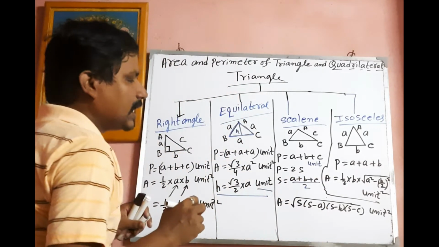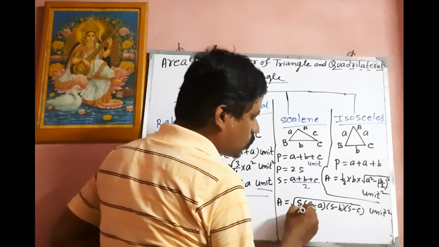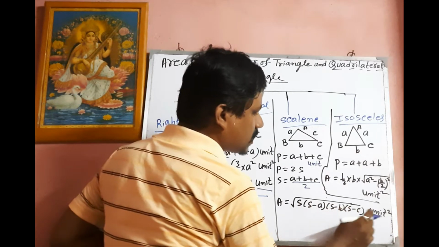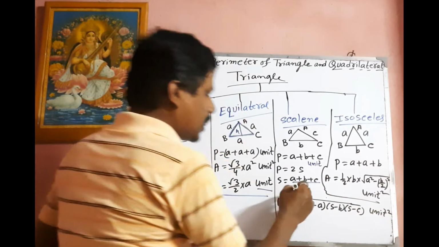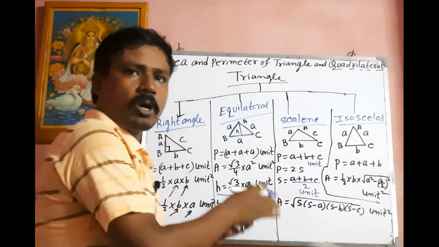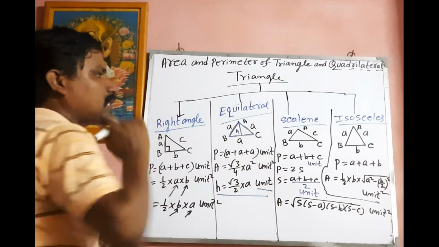Now the area of these scalene triangles will be capital A is equal to root under S into S minus A into S minus B into S minus C, in unit square. This is the complete scalene triangle formula, and now we move to the isosceles triangle formula.